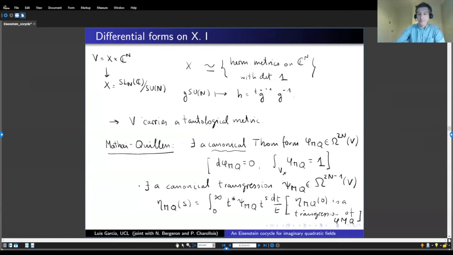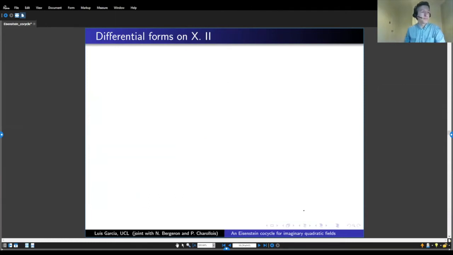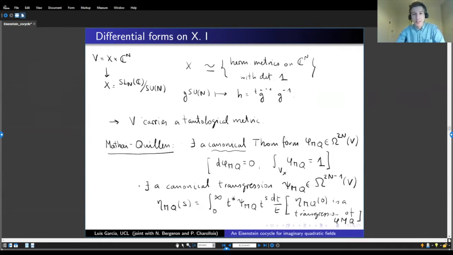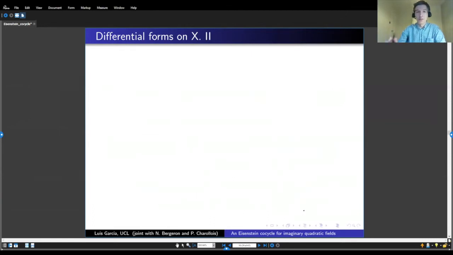Okay, so as you can see, let me go back, sorry. These are forms whose degree is a little bit too large, and they also live on the total space of the vector bundle rather than on X. So the next step is we do the following. So let me have this here again.